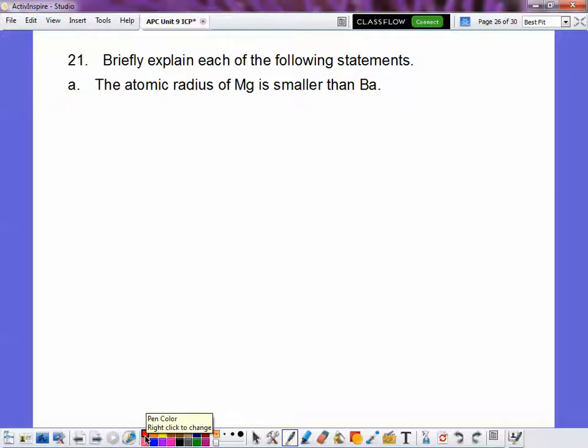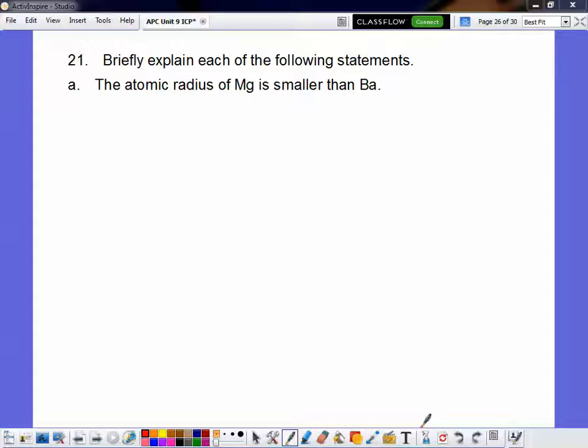In free response questions, instead of you identifying which one's going to be the largest or smallest, it's going to tell you what it is and you have to explain why. So take a few minutes to go through 21A, B, and C. We'll do D together.